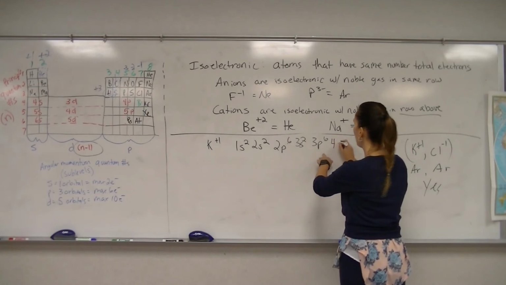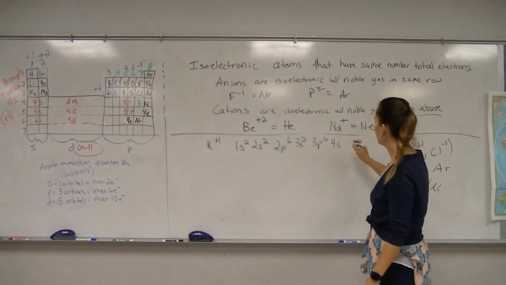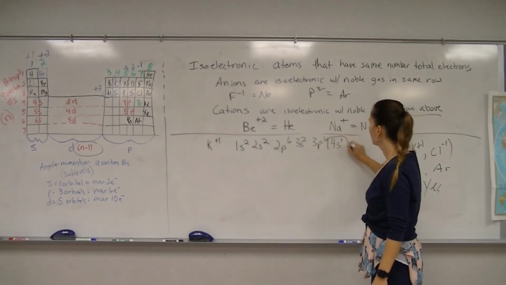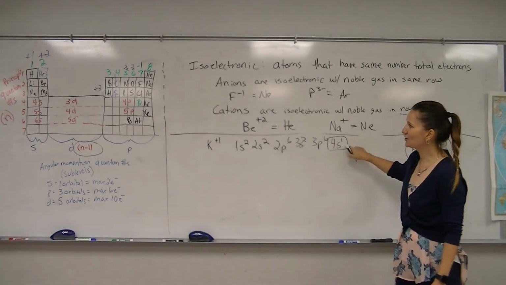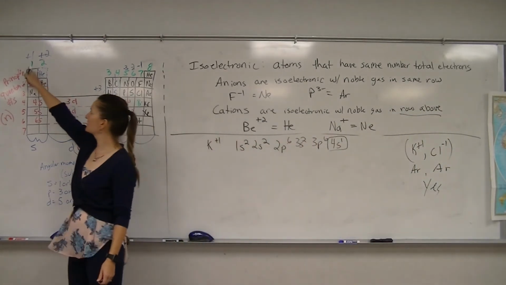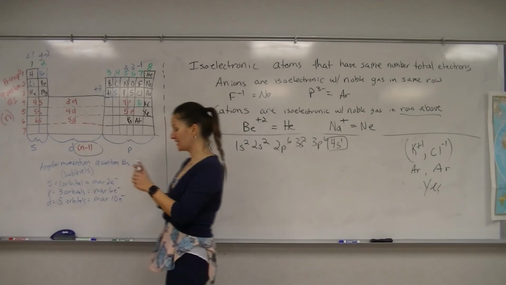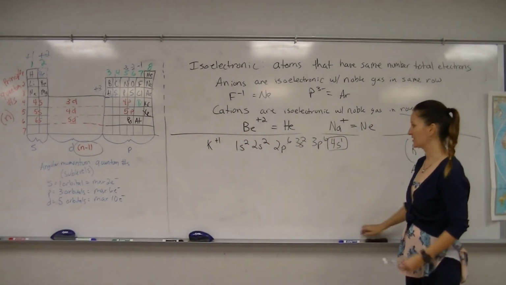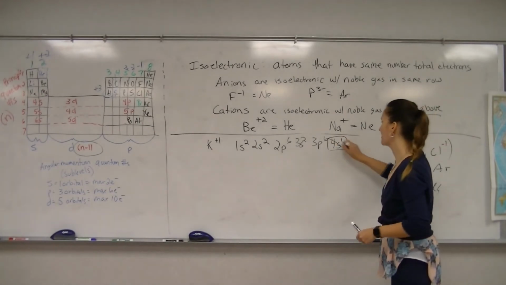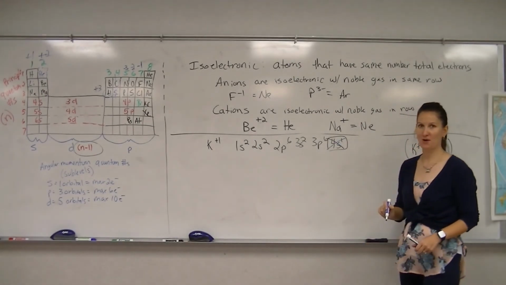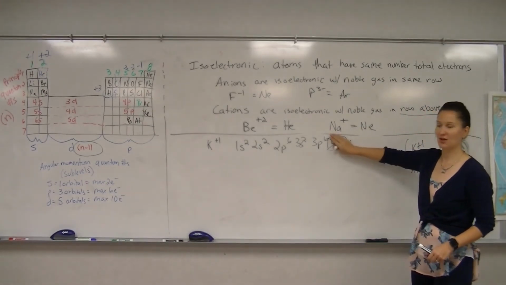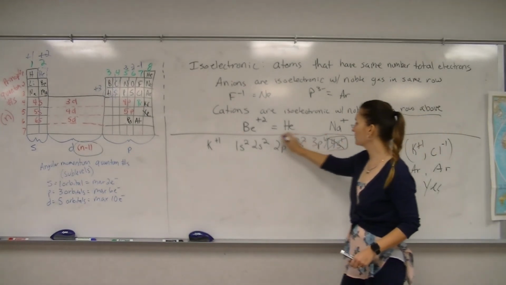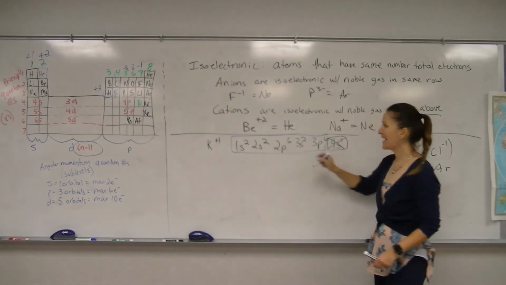Then we get to the 4s. And notice, if it was neutral, this would be that 1 valence electron that potassium has. But since it has a +1 charge, it lost that valence electron. So it doesn't have that one. It's not neutral anymore. So we lose 1 electron. So this is the electron configuration of the potassium cation.